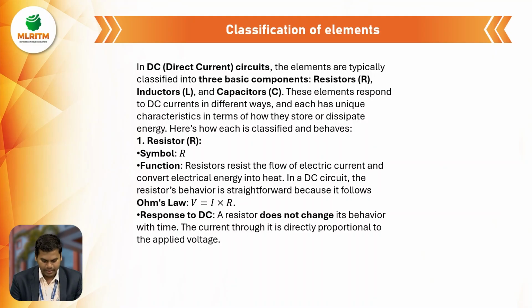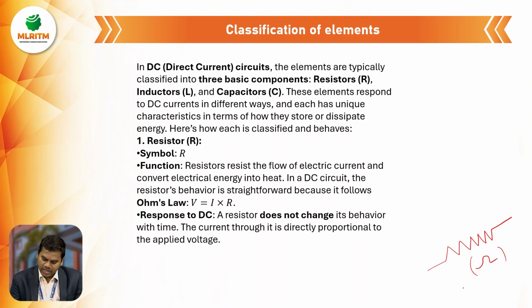The resistor symbol is this. The unit of resistor is ohms. The function of the resistor is to resist the flow of electric current and convert electrical energy into heat.